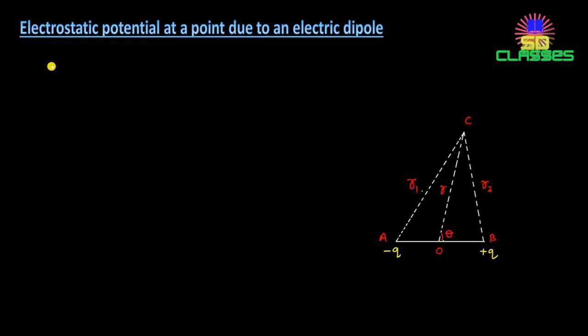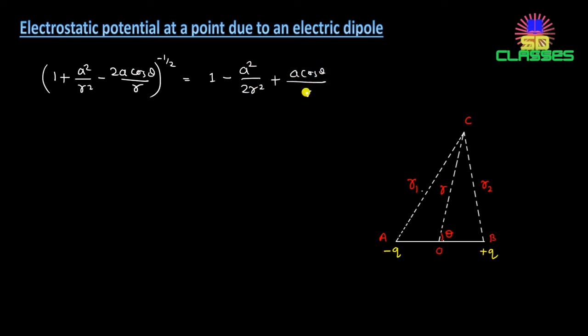Now we are going to use the binomial expansion to expand this one, 1 plus a square by r square minus 2a cos theta by r, to the power minus half. If I use a binomial expansion, the first two terms will be 1 minus a square by 2r square plus a cos theta divided by r.